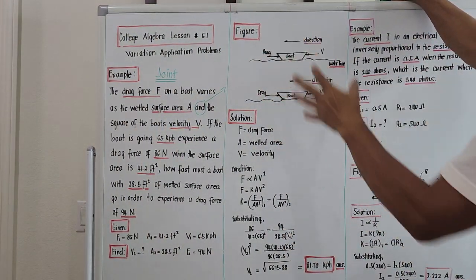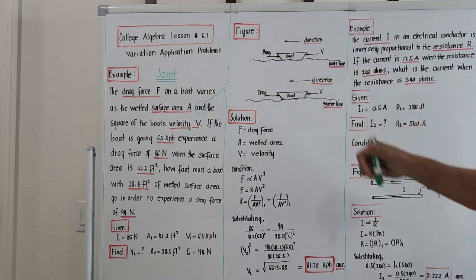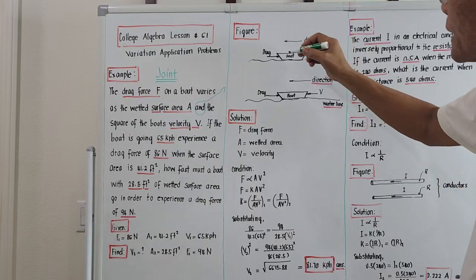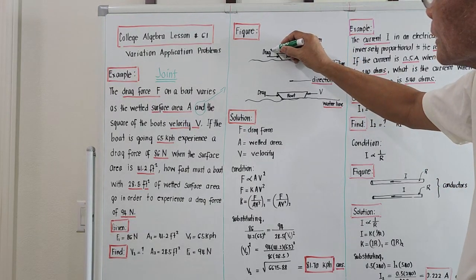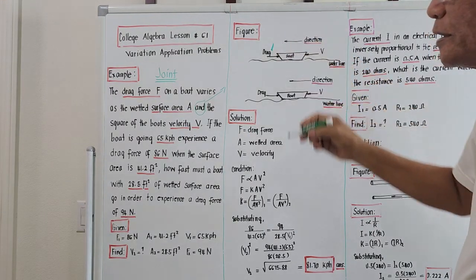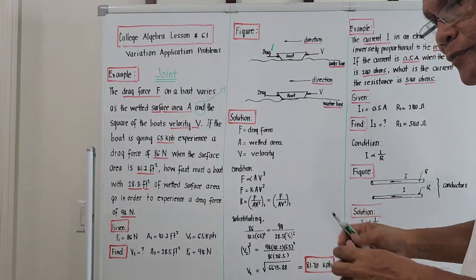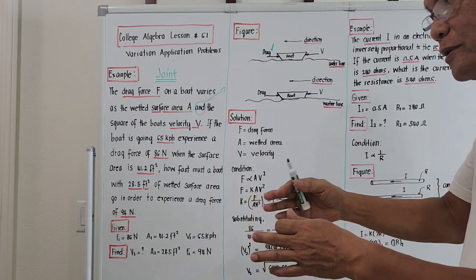I will go back to the figure. This will be condition number one. We are given drag force number one. Drag force means the resistance force as the boat slides atop the water line.